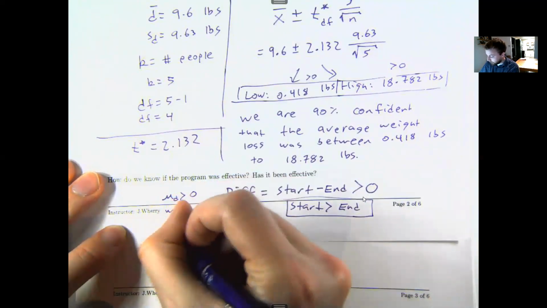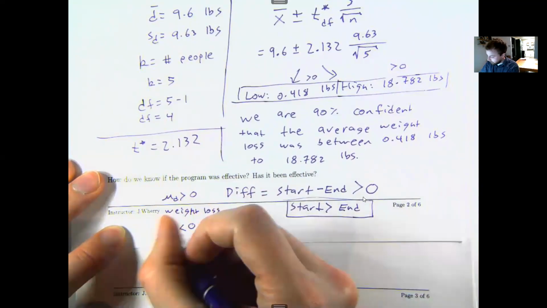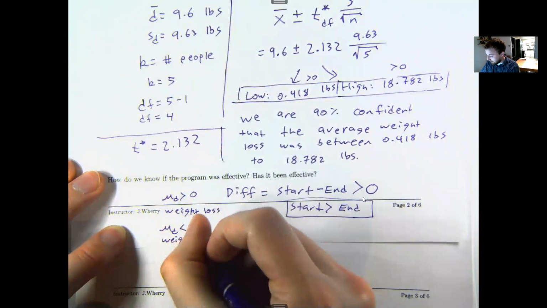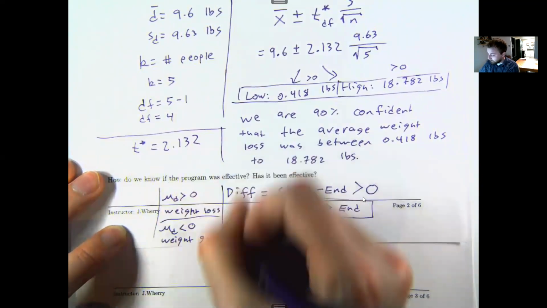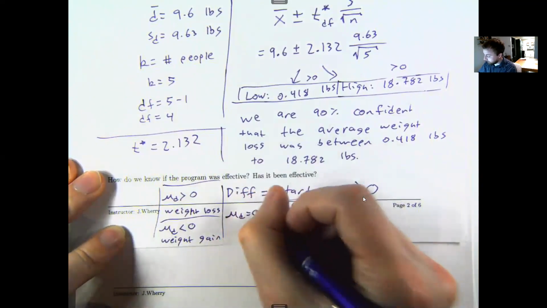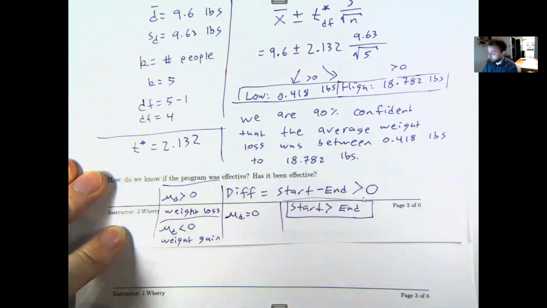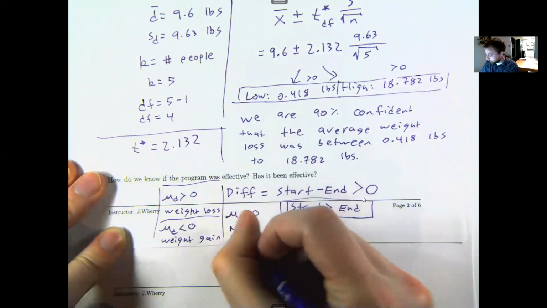If the average for the differences is less than 0, that's an example of a weight gain. And finally, the only other situation that could happen, if the average of all of the differences was equal to 0, is no change in the average weight.